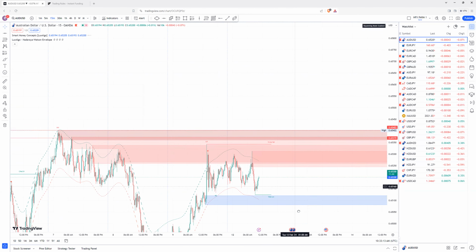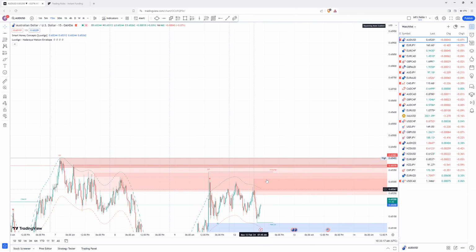So you see this area, there's a lot of confluence. When I turn on the confluence, you see there's a lot of order blocks right here, but I choose the one at the top. We have about 1, 2, 3, 4, 5 order blocks right on this zone.